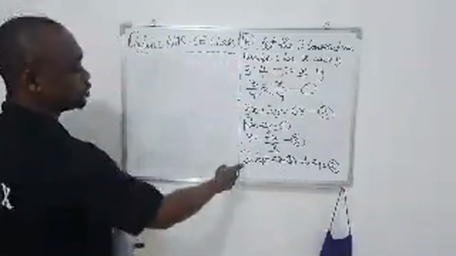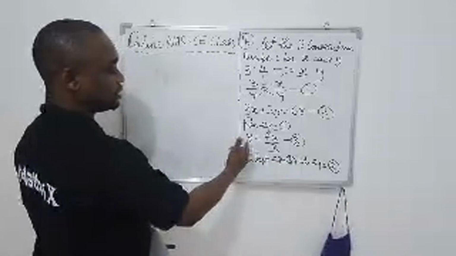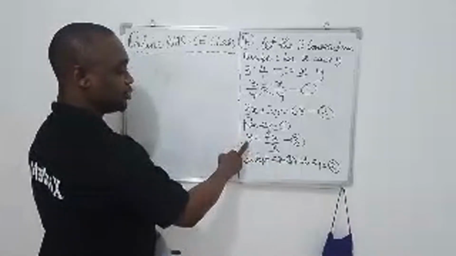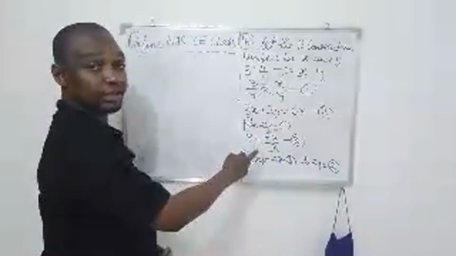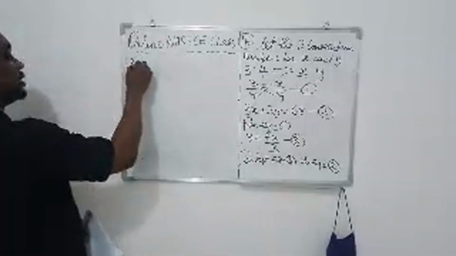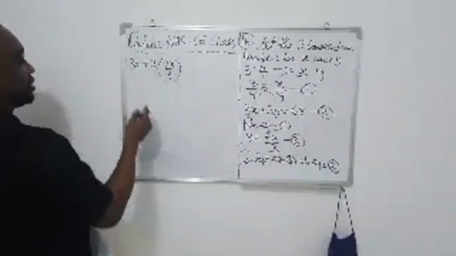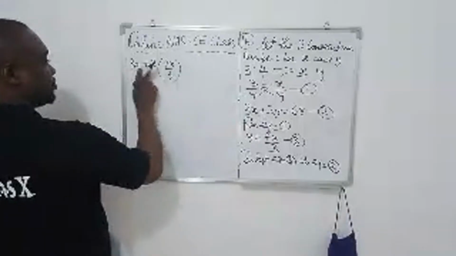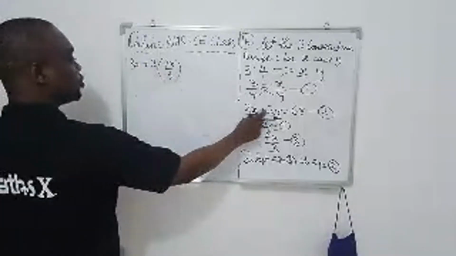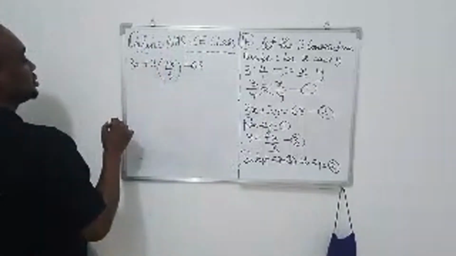So substitute equation 3 into equation 2. So everywhere you see your y, you substitute y with 4x over 3. So that would mean 3x plus 2 bracket 4x over 3, that is here, 3x plus 2, y is 4x over 3, is equal to 68.